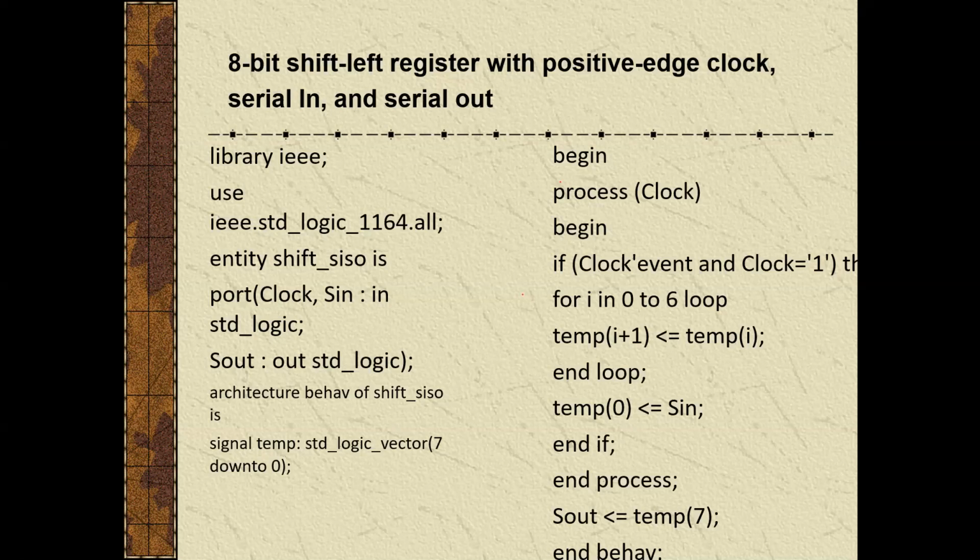There are two input terminals, clock and serial in. Both are in, and the data is of std_logic data type. And one output is a serial output, declared as out, also of std_logic type, in the entity named shift_siso. Then we have to construct the architecture for the entity.